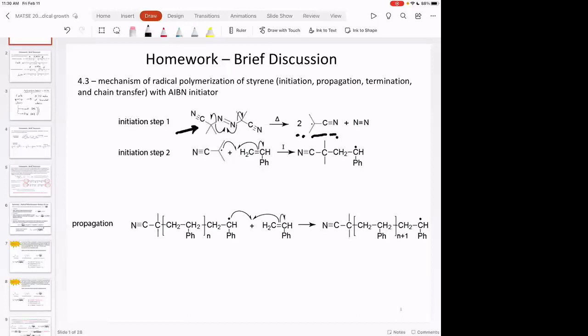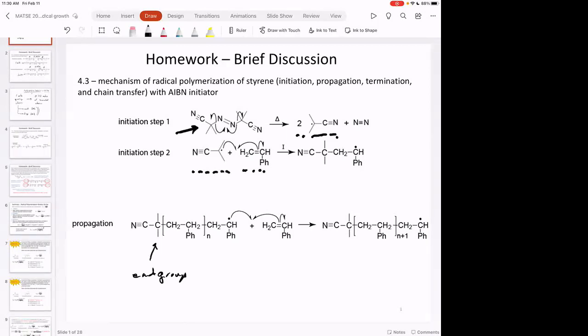And then the other thing that you really need to know is that as you initiate a polymer chain and as you propagate it, remember this is an end group because that initiated the chain in step 2 of initiation. Remember, that's the reaction with the monomer.